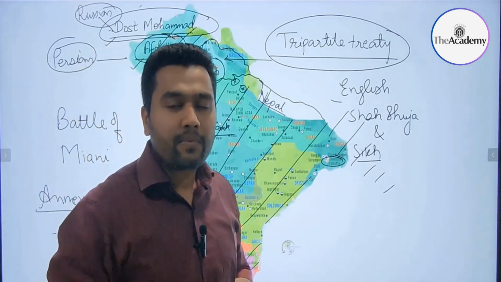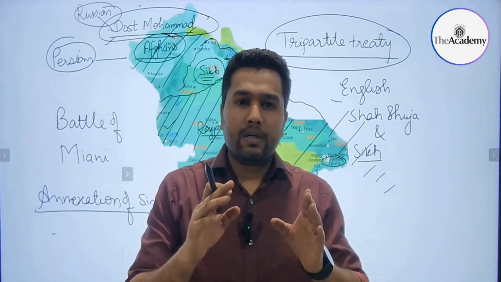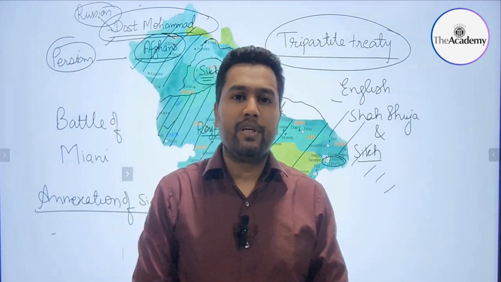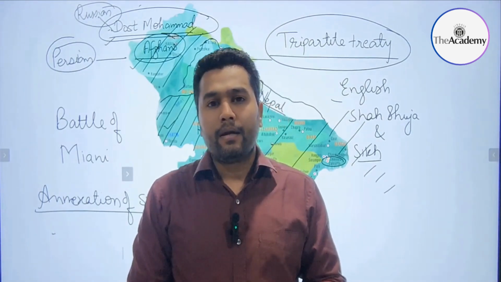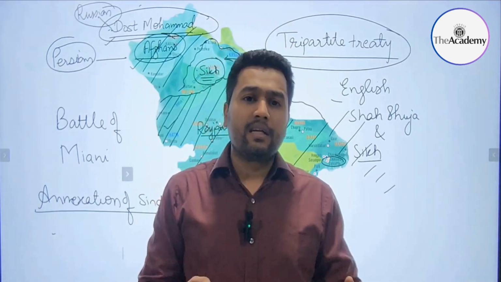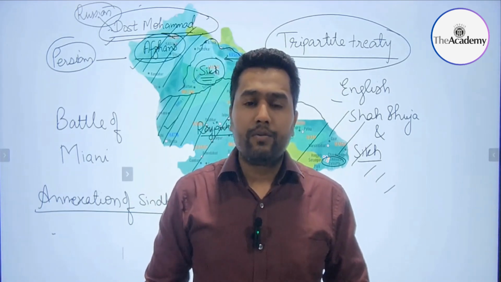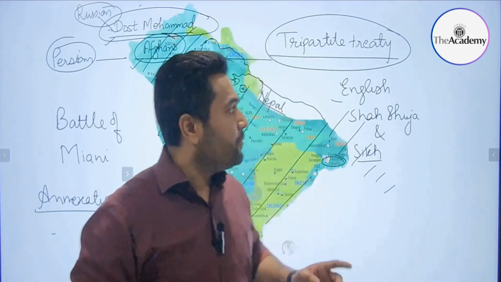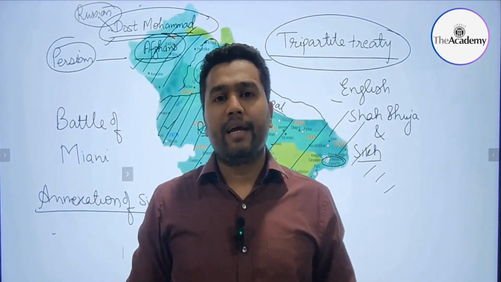In fact, Rani Jindan Kaur, who was the regent of the minor son Dalip Singh, who came to the throne in 1843, was fearful of the Khalsa army. The Khalsa army was not having any general. It was an extremely potent army which was capable of defeating the Afghans also. It was established on European lines.